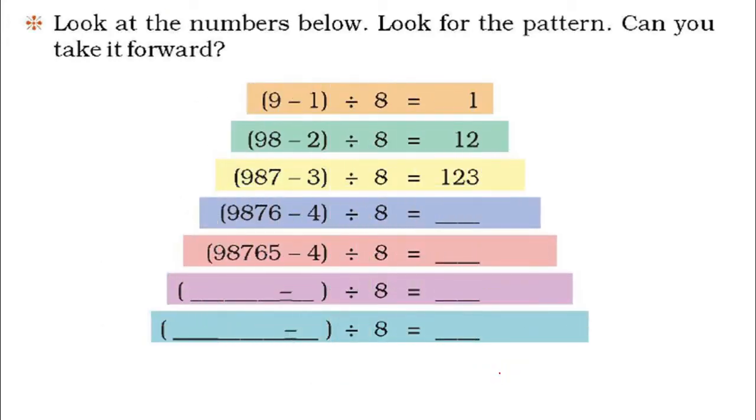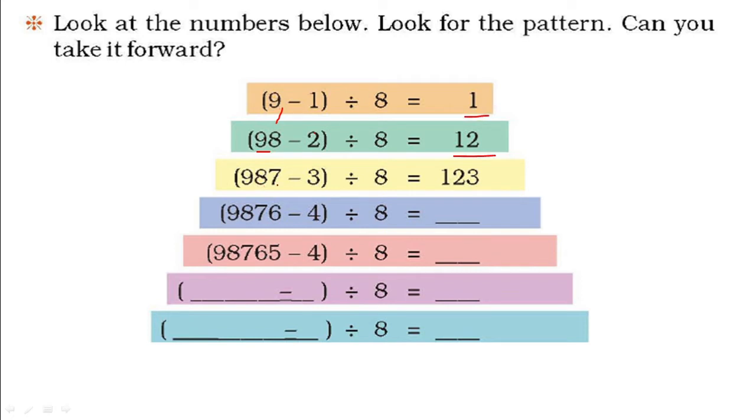Now next, look at this pattern. 9 minus 1 divided by 8 is equal to 1. Okay. When we add 8 here, so here 2, then divide by 8, it will become 12. 2 digits, 12. 1 digit, only 1.